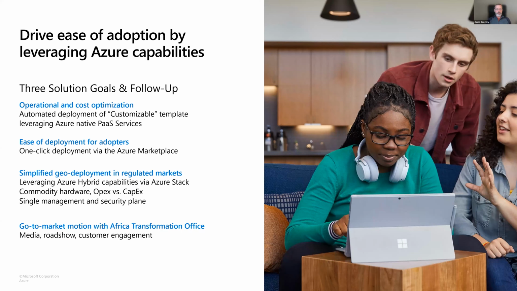This is a set of templates that would work in conjunction with the work that your IAC team is doing, but leverage the Azure native PaaS services. The PaaS service piece is really quite important here.